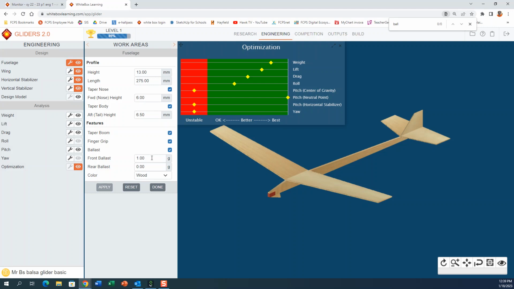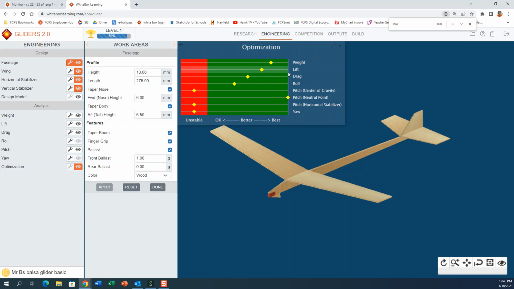That's going to be in the nose of the airplane, and so that reduced our weight a little bit. And we're not going to add anything to the back, so we shorten the plane to be as short as we possibly can. We've tapered the nose and the overall body of the plane, and we've reduced our ballast a little bit, so our weight score is now pretty good.